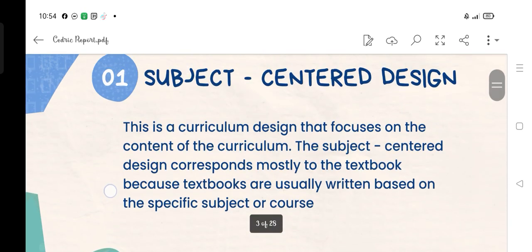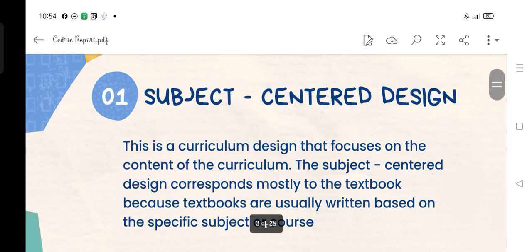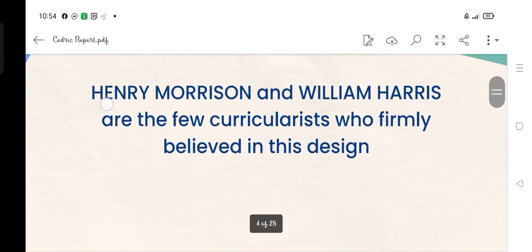So, from the word subject, in this curriculum, nagfo-focus tayo sa specific subject or sa content ng curriculum, which is the different subjects. Okay?